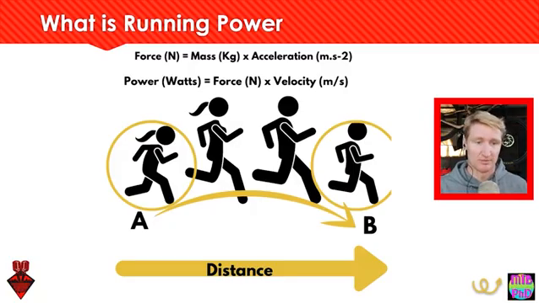And distance over time is velocity. And once we know force, because we know your mass, you have to input that, and then you have to accelerate. So you can accelerate through space and time, I guess, and that's always against gravity, because gravity is trying to slow you down.